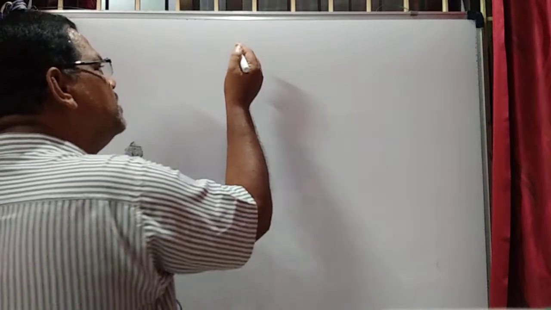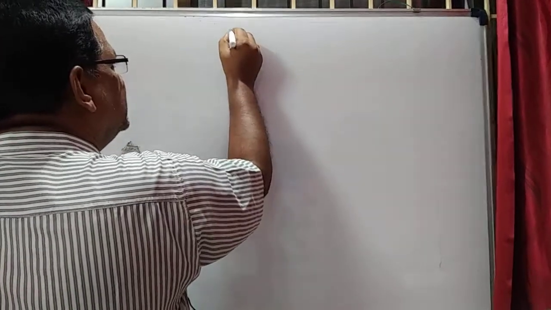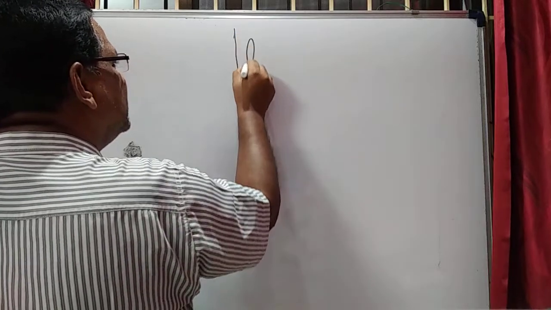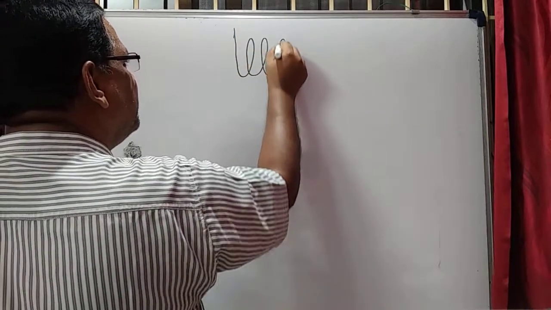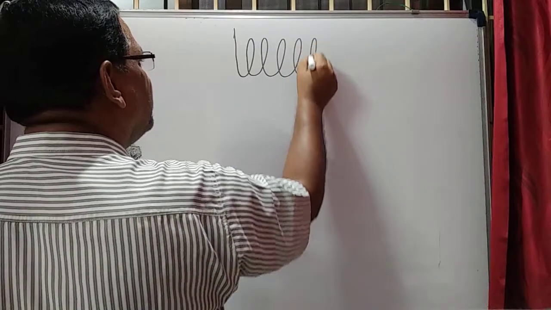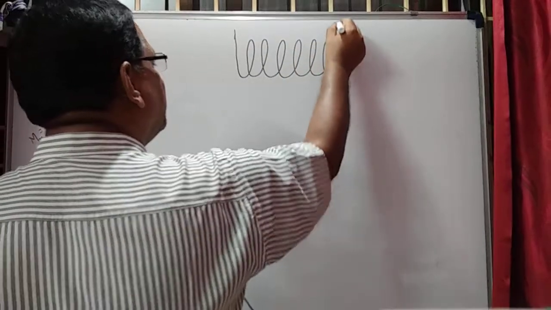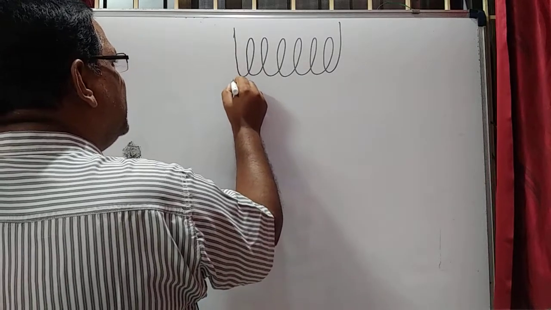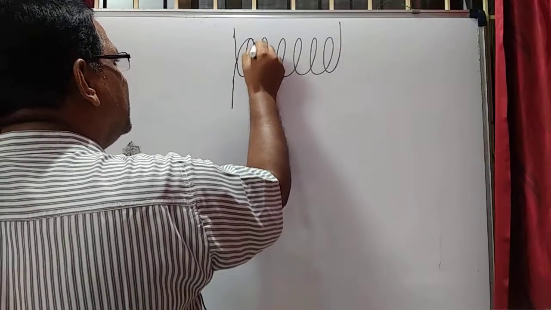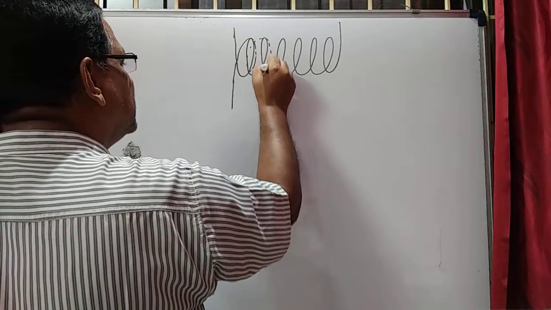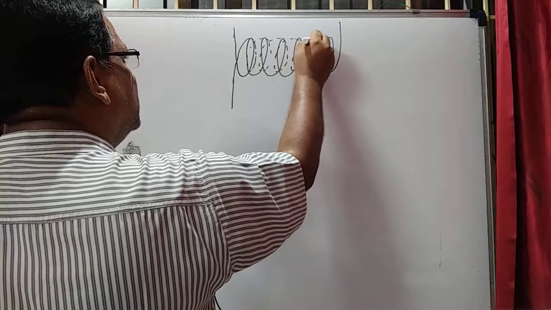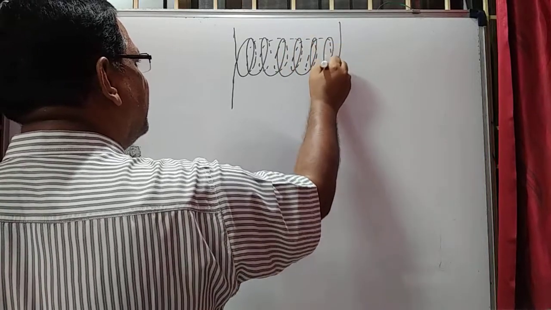One solenoid is here, and another solenoid is placed coaxially, and both the solenoids are coupled. This is the other solenoid.